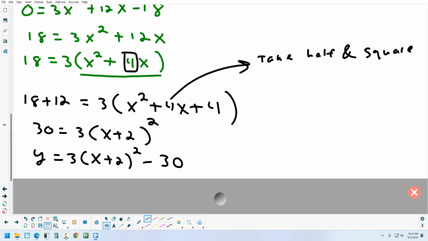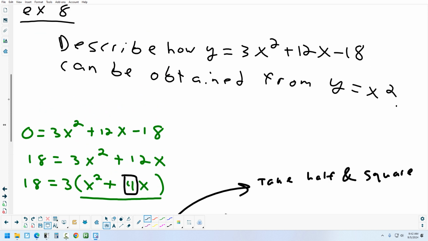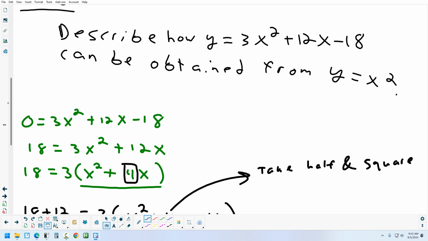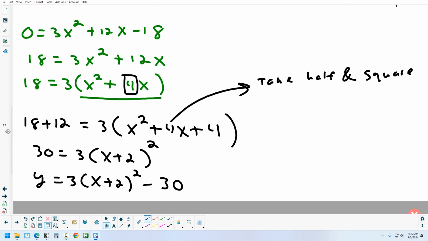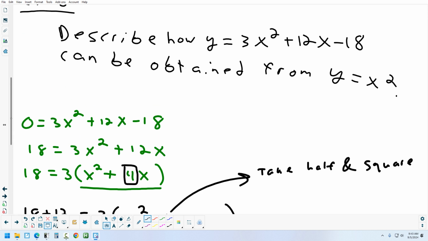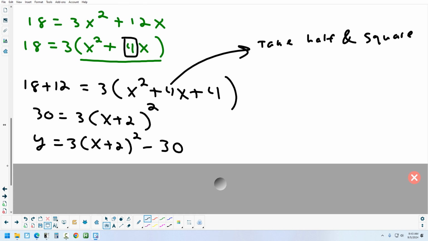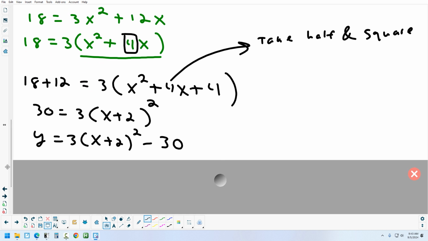Okay, so looking at the original problem, I had no idea that it was shifted down 30. I can't tell that at all. I can't tell that it was shifted left 2 units either. I could kind of tell the vertical stretch, just by looking at the number in front of x squared. But now if you were going to describe the transformations, I'm not going to write them, but there would be 3.